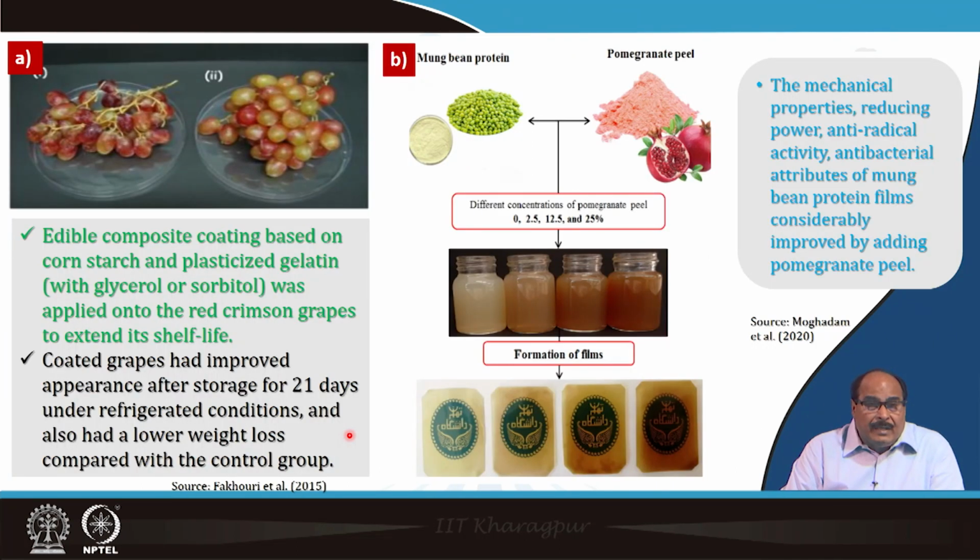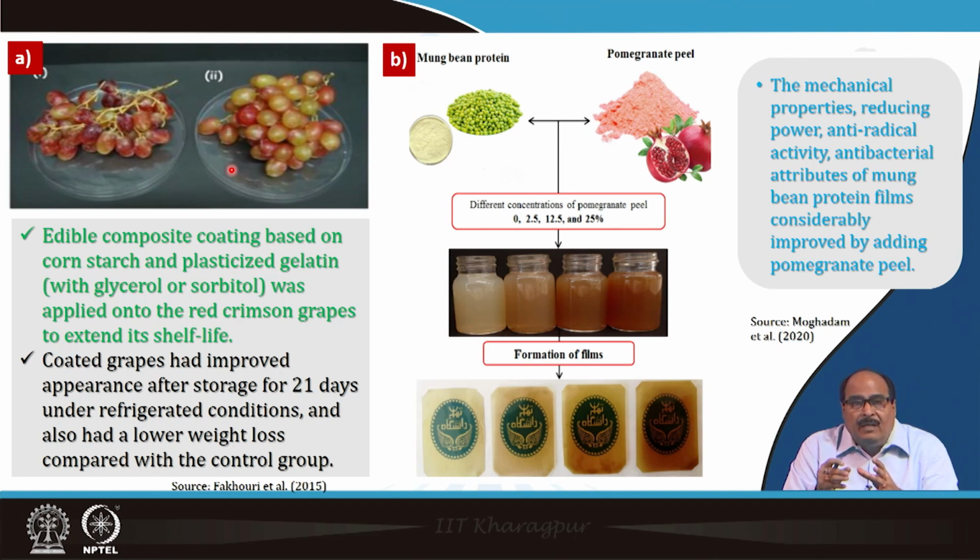Also, an edible composite coating based on corn starch and plasticized gelatin, with glycerol or sorbitol, was applied onto red crimson grapes to extend their shelf life. Coated grapes had improved appearance after storage for about 21 days under refrigerated condition, and also had lower weight loss compared to the control grapes, you can see here.